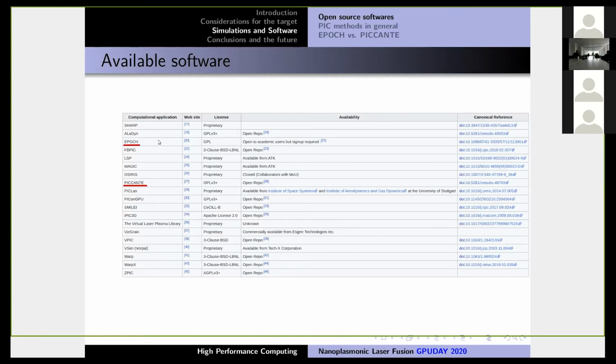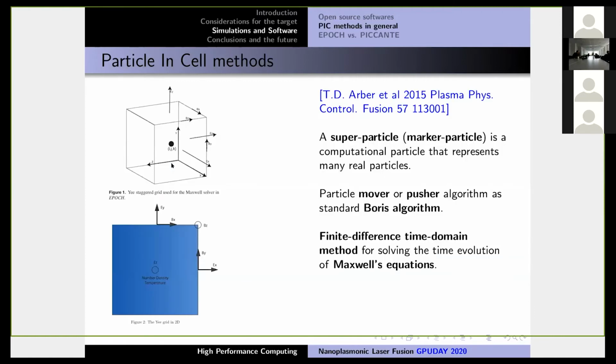Even open source software is hard to extend, but they at least share the code. We chose EPOCH, which is written in Fortran, and PICANTE, which is written in C++.